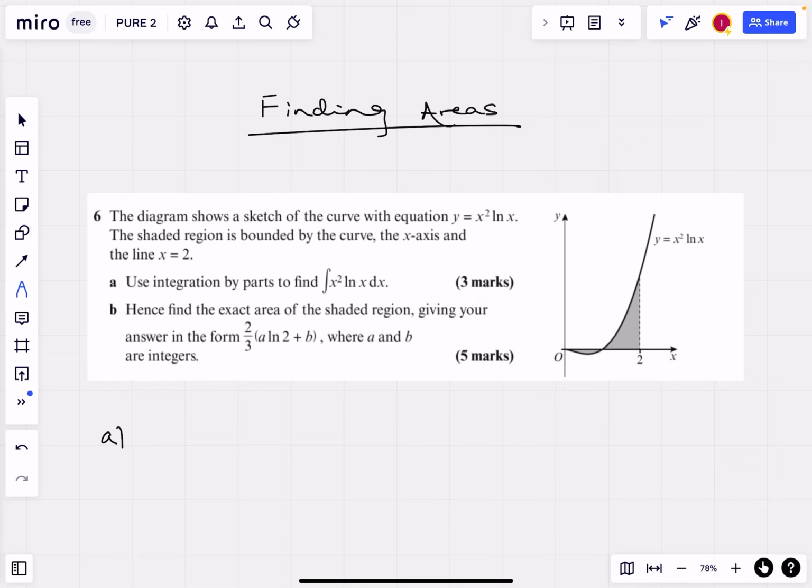But when we did something similar, we made u equal to ln x because there's no rule for integrating ln x. So it doesn't make sense to make dv by dx equal to ln x. So that means du by dx is 1 over x, and then x squared is your dv by dx. So v would be x cubed over 3.